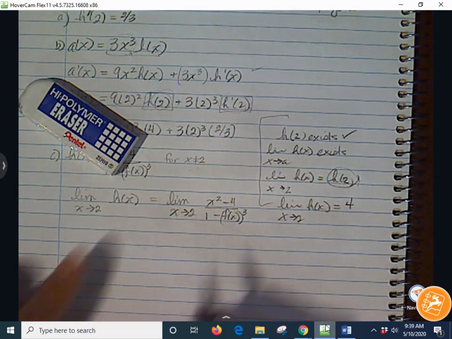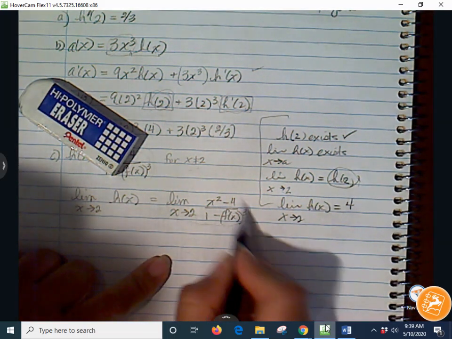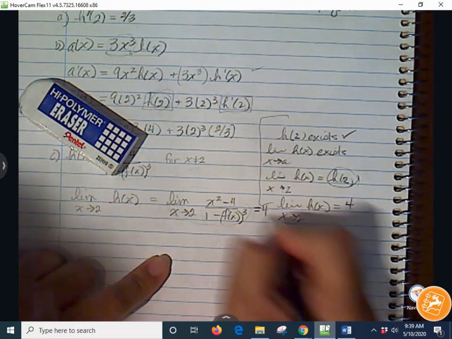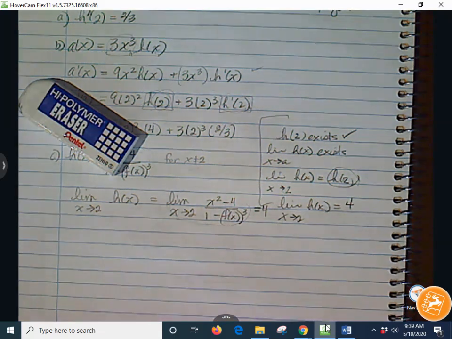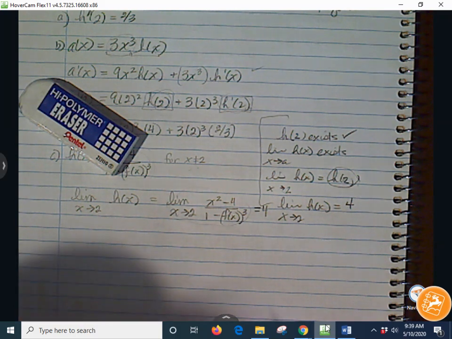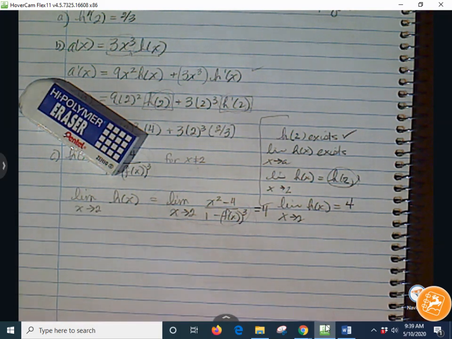So therefore, this expression right here is equal to 4. Okay, so now I know that this has got to equal 4. Now I have to continue.